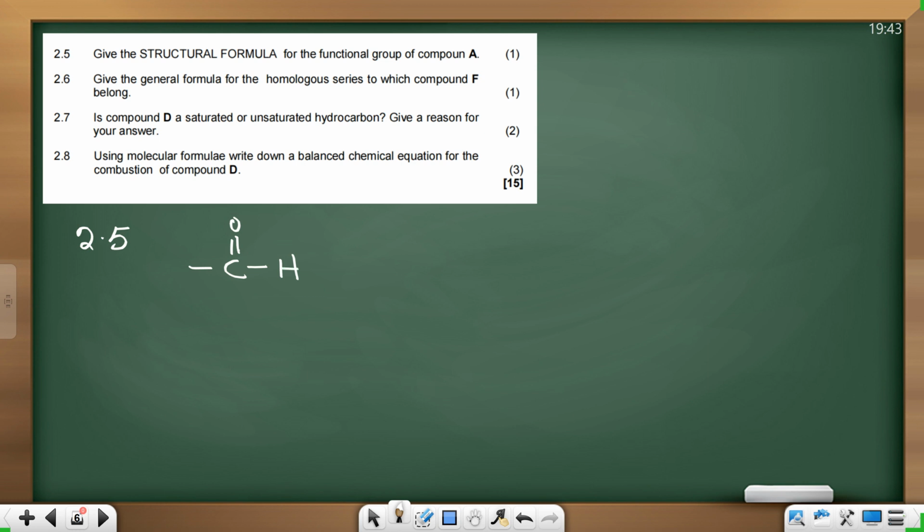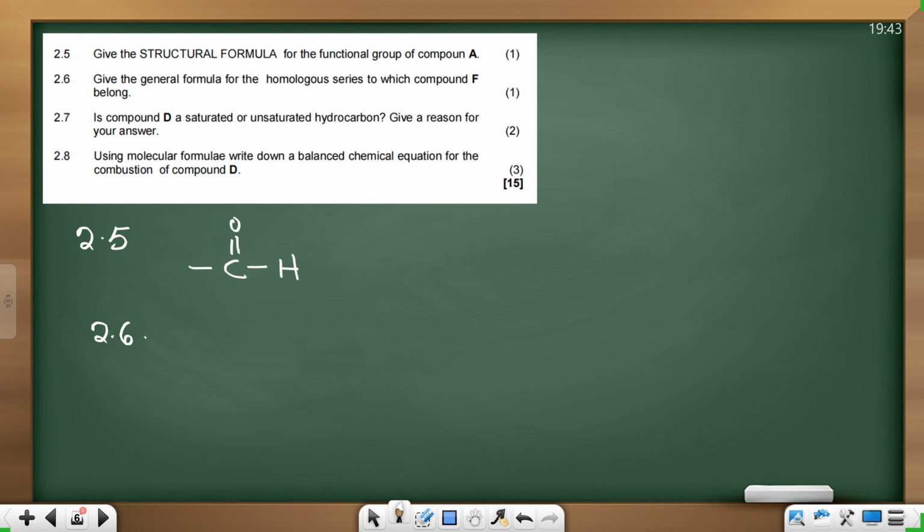That's what the examiner wants you to draw. I hope everybody's okay. Please let me know. So please go through your functional group table. It's the key to understanding organic chemistry.